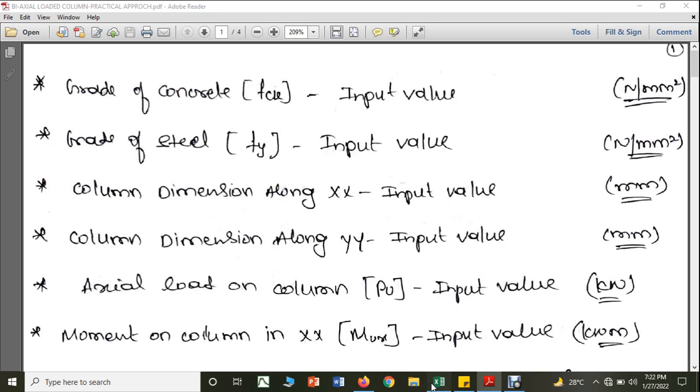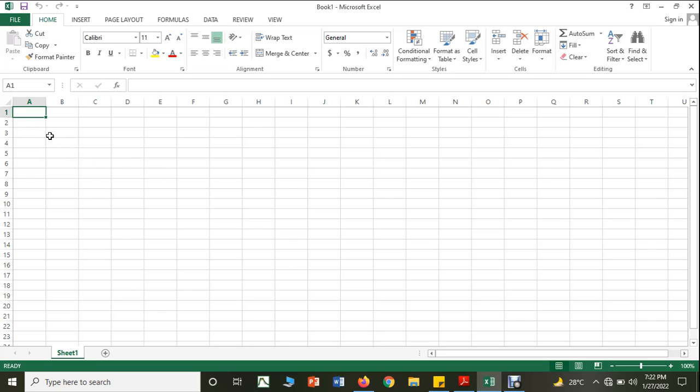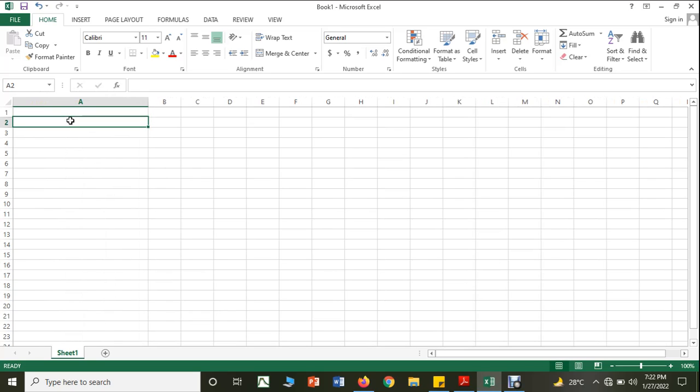Therefore, if I want to develop the Excel sheet, the first will be the given data, that is the grade of concrete. The grade of concrete will be fck, given in Newton per mm square, and let us take the grade of concrete as 25 for this problem.